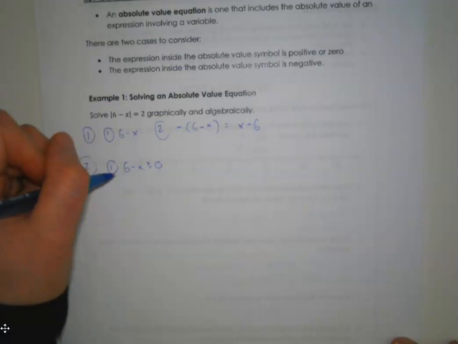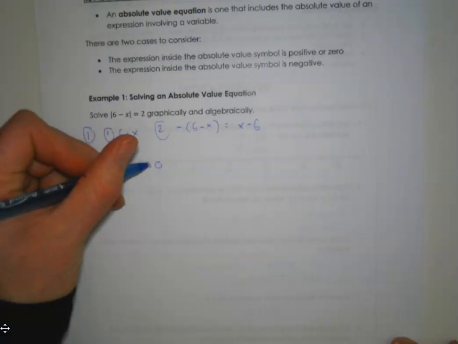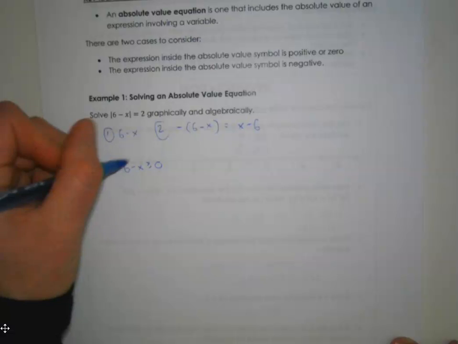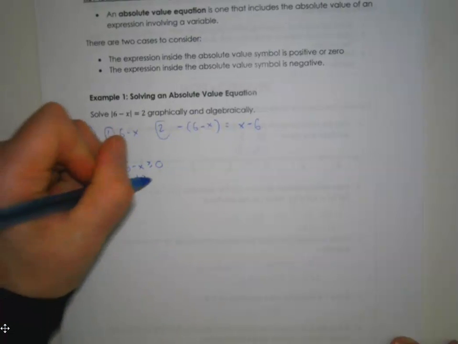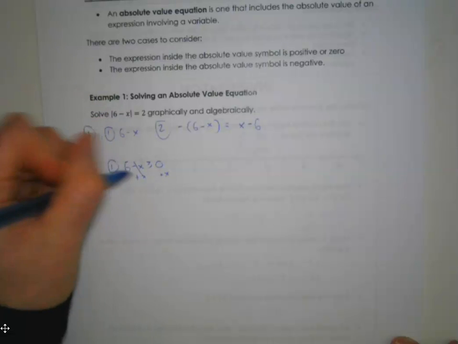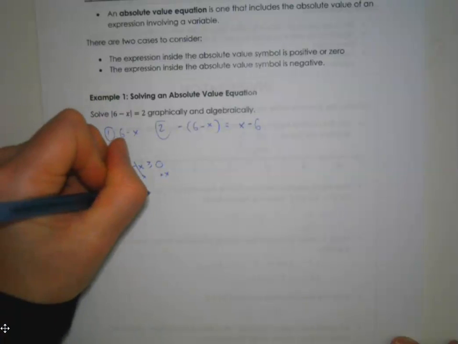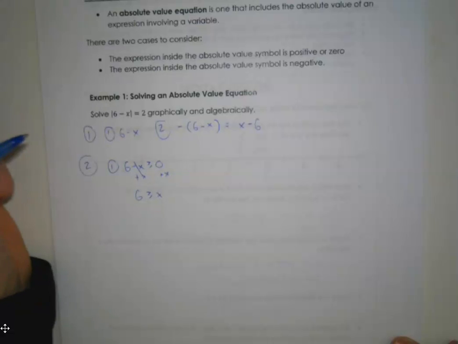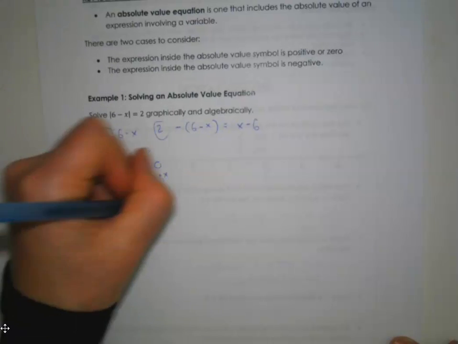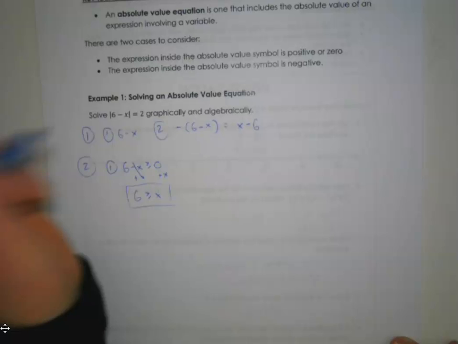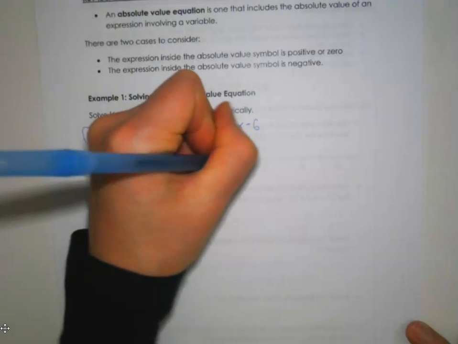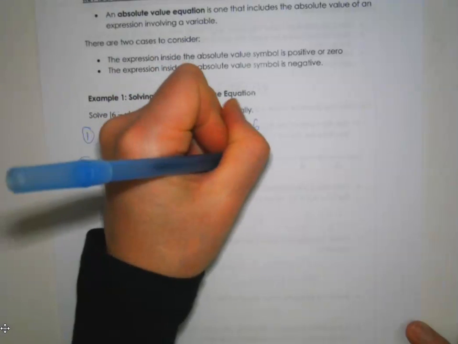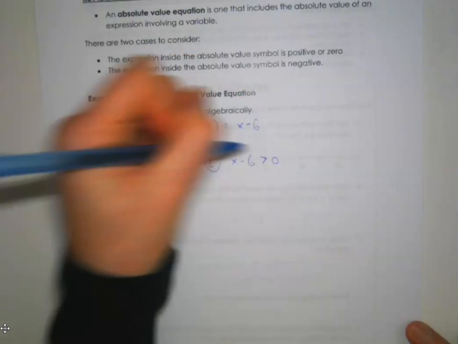Okay, so for 6 minus x is greater than or equal to 0, if we rearrange that to solve for x, we can add x to both sides. So that cancels out here, and we're left with 6 is greater than or equal to x. Okay, so that's basically our domain for the first case. For the second case, we had x minus 6 has to be greater than 0.